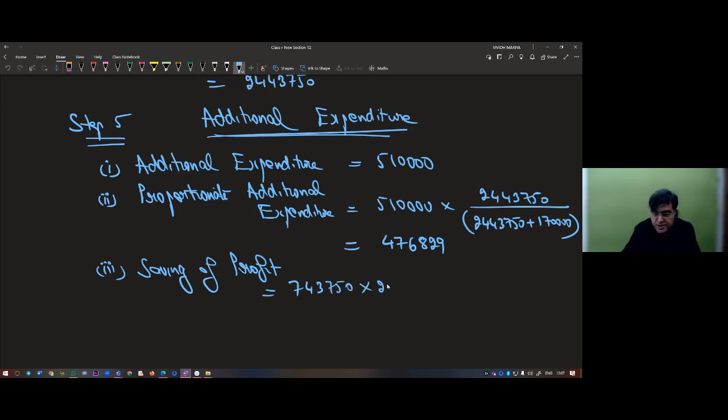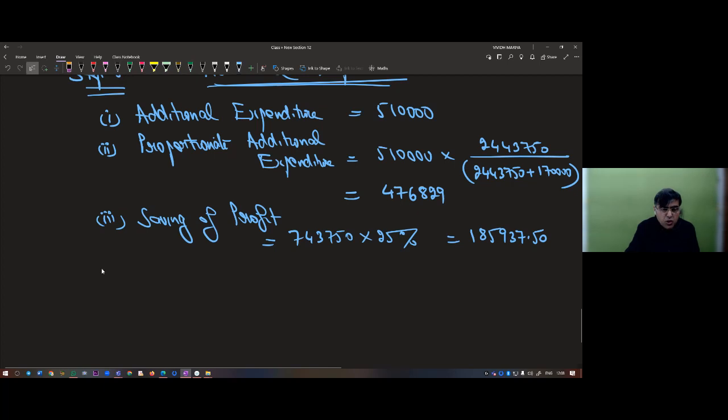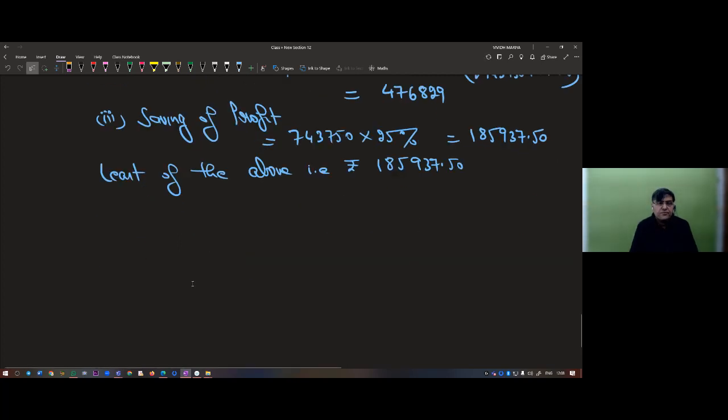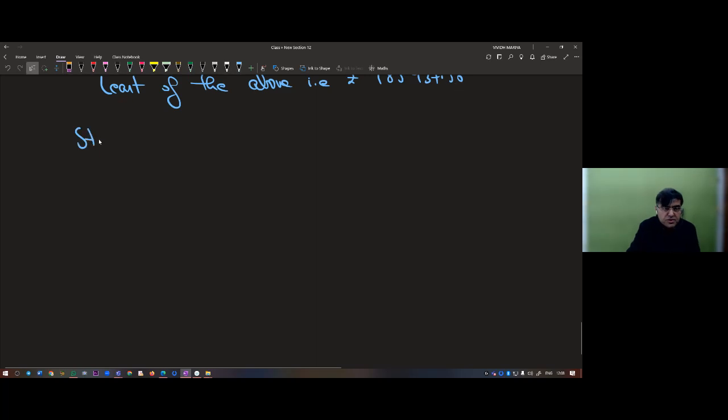The turnover would have been nil, and the loss would have been 743,750 into 25%, 185,937.5. Least of the above, that is rupees 185,937.5.